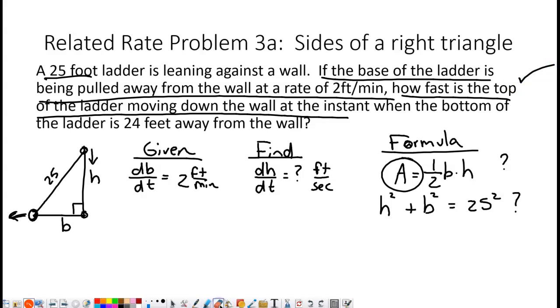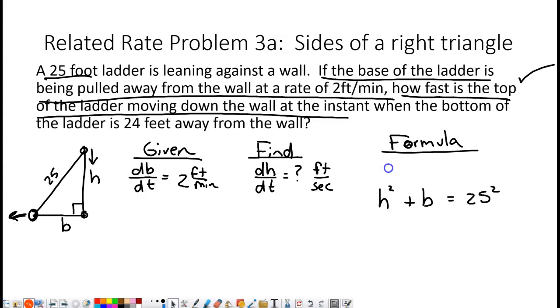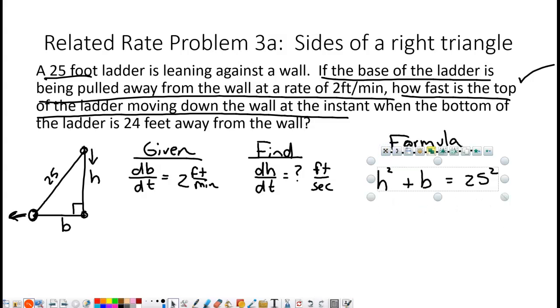So I know that I'm not going to use this one. Now, once again, I don't think I put that formula on the worksheet, but it is possible. That can be done. But in this case, we wouldn't want to do that because this problem has nothing to do with area. So the formula I'm going to use for this one is Pythagorean's theorem. Now I have a formula that connects the two variables that I care about.